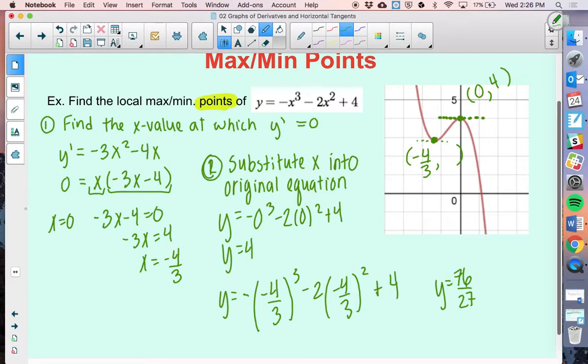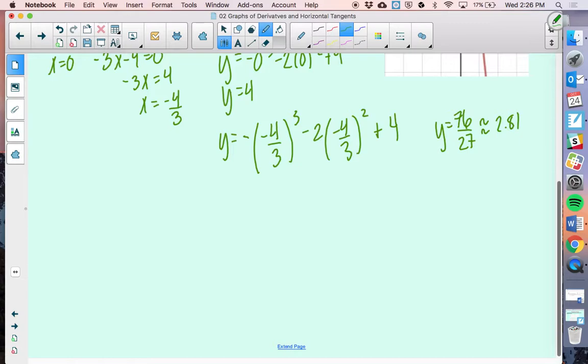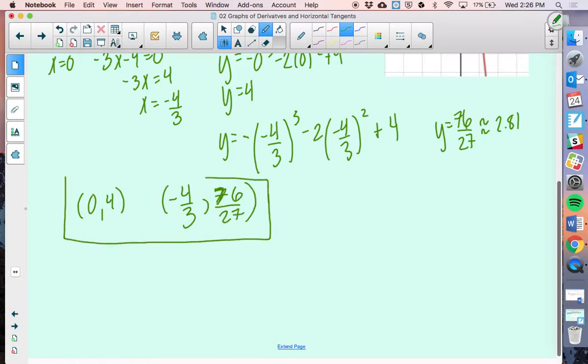And that's approximately 2.81. Which makes sense because this y value looks like it's at about 2.81. So 76 over 27. So my final answers for where my max and mins are: one of them is at 0, 4, and the other is negative 4/3, 76 over 27. Okay?